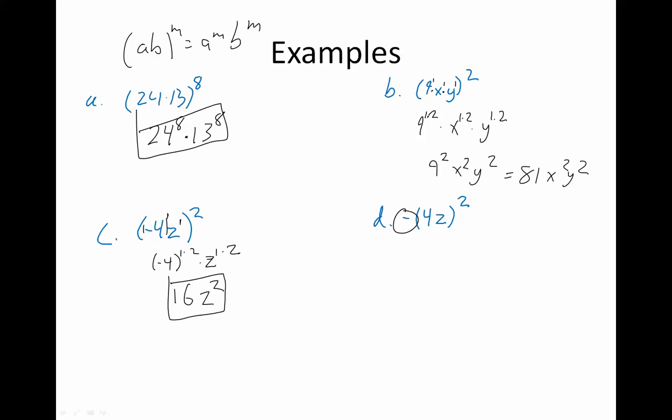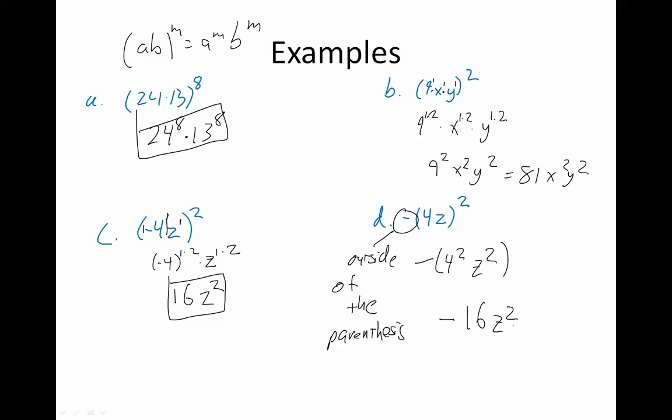But part D shows one of the weird things that can happen. Notice that this negative is outside of the parentheses. That means we are not taking this negative and squaring it. This is negative 4 squared z squared, or negative 16z squared.